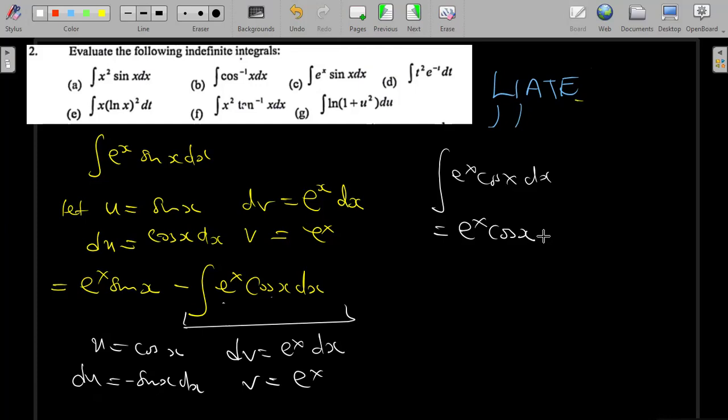Then I have minus v, which is e to the x, times du, which is negative sine x dx. The negative multiplies this negative and becomes positive, so I have the integral of e to the x sine x dx as what has remained there.